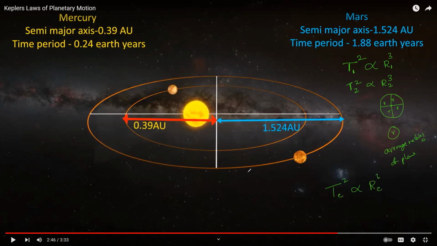If we want to remove the proportionality mathematically, what will we get? So T1 square is equal to a constant into R1 cube. T2 square is equal to a constant into R2 cube. In the same way, for Earth, T square is equal to a constant into RE cube.